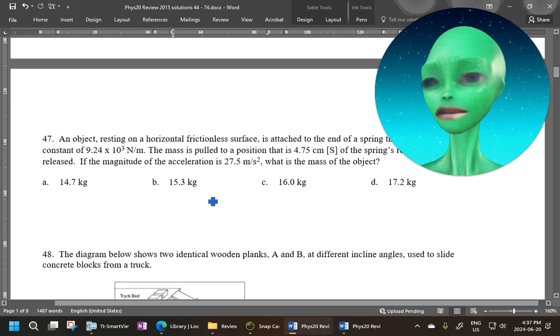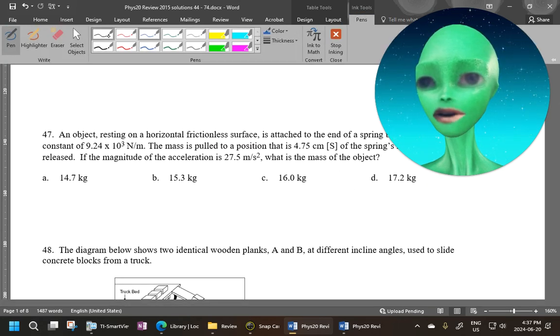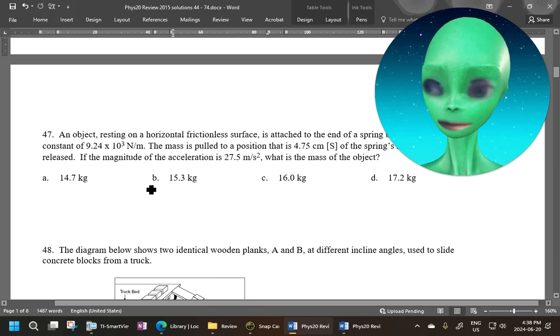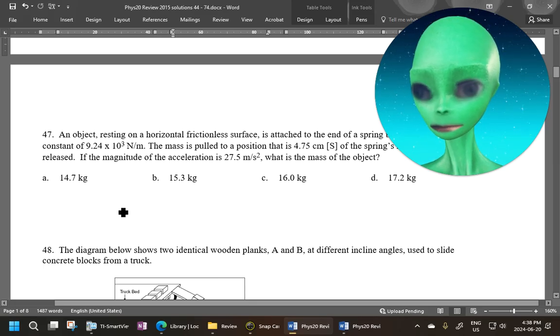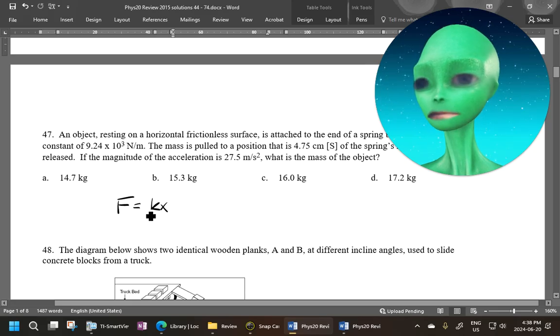Okay, so there's a lot going on here, but if it's a spring, we make the assumption that it's going to obey Hooke's law. Hooke's law says that the force is equal to negative kx. I'm not too concerned about the negative part.